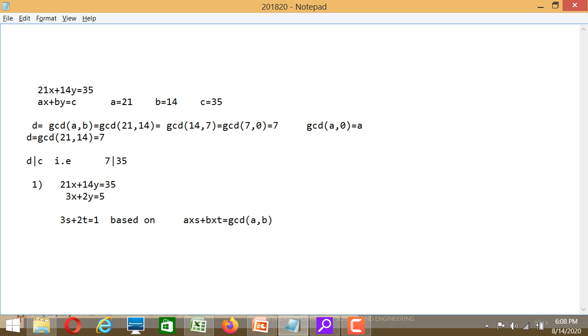So the new a value is equal to 3, the new b value is equal to 2.